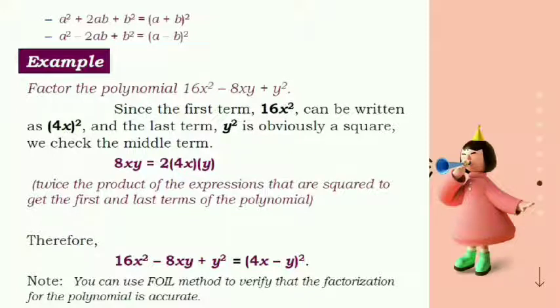We can check the middle term by doing this: 8xy is 2 multiplied by 4x times y, twice the product of the expressions that are squared to get the first and the last term of the polynomial. Therefore, 16x squared minus 8xy plus y squared is equal to 4x minus y squared. Note, you can use the FOIL method to verify the factorization of the polynomial is accurate.